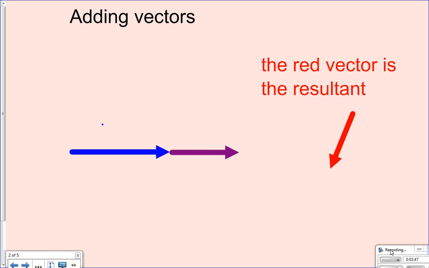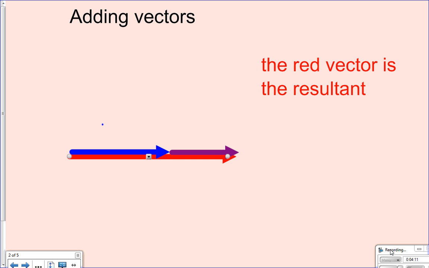Well, if I stack them, notice that it's head to tail, head to tail. If I want to add more, we just keep going head to tail. So I just grab this, and if you're drawing this freshly, I'm going to stick this right under it here and move this over. So there we go. That would be the resultant, or sum, of the blue and purple vectors.